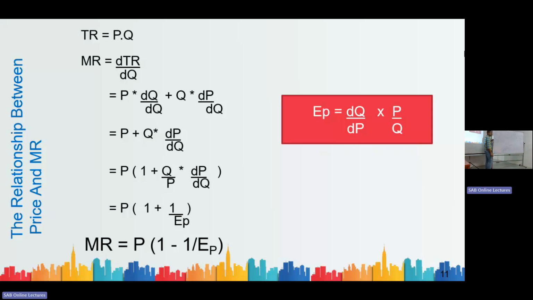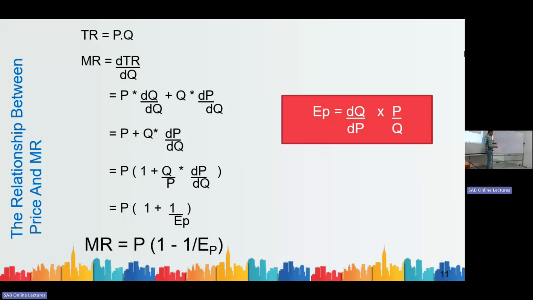When price increases by 1%, quantity demanded will decrease by 4%. That is the meaning of this.